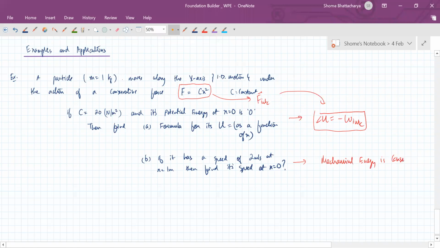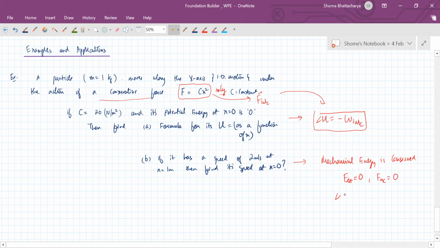because it has told us clearly that only a conservative force is acting on it. You can actually add the word only over here. That means external force is not there and non-conservative force is not there.